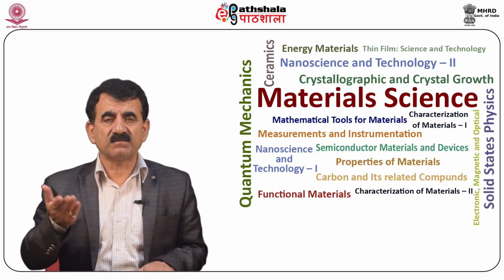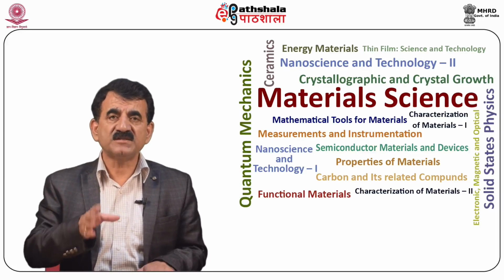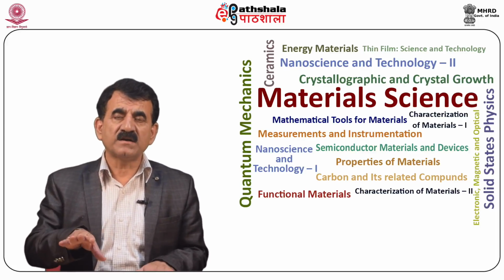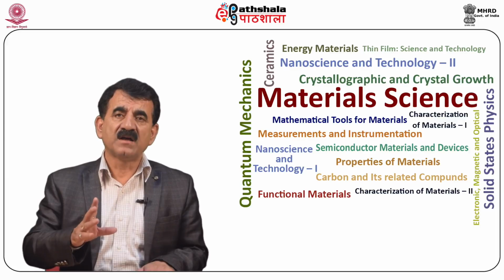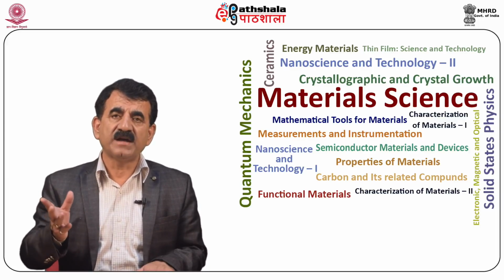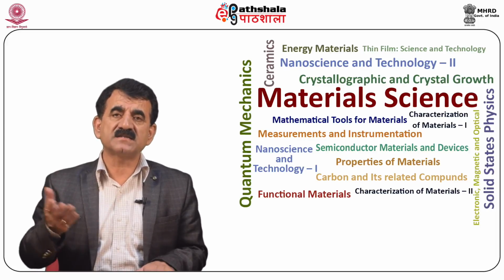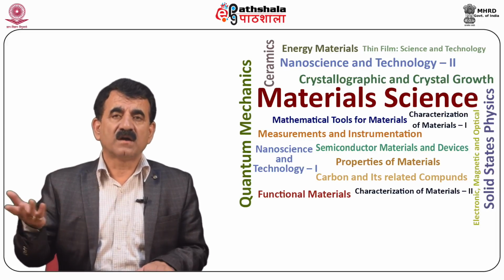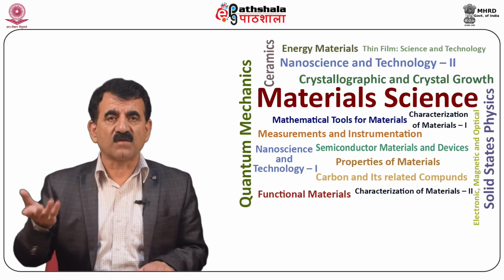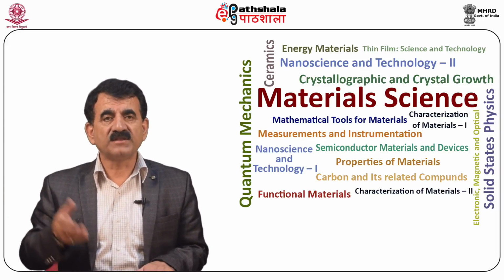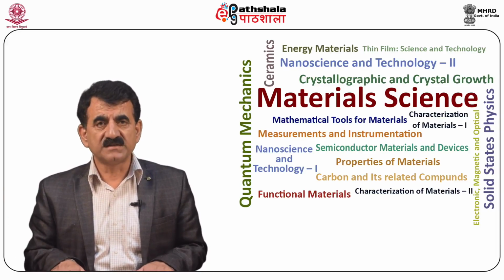So these three phenomena are important, whether it is linked with the oscillatory behavior with magnetic field, whether it is linked with the appearance of resistance, or whether it is linked with the quantum kinds of things with the application of magnetic fields.